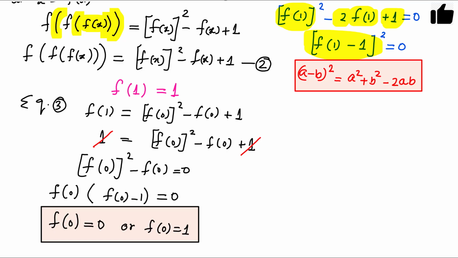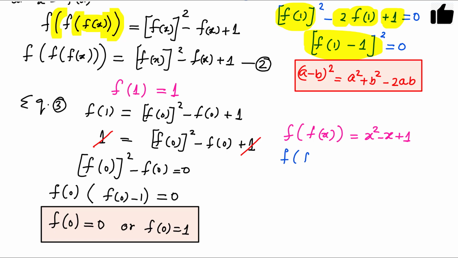But now you have to check whether these two satisfy the original equation or not. What was the original equation? It was f(f(x)) = x² − x + 1. Put x equals 0.